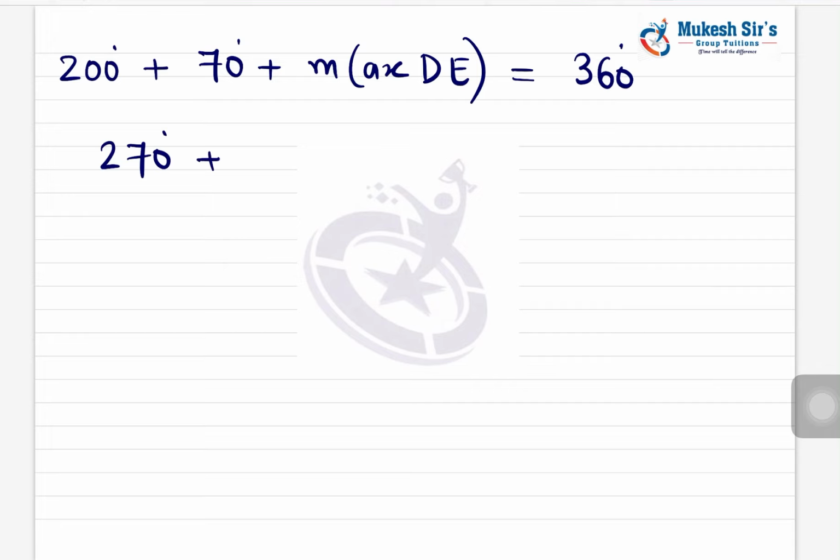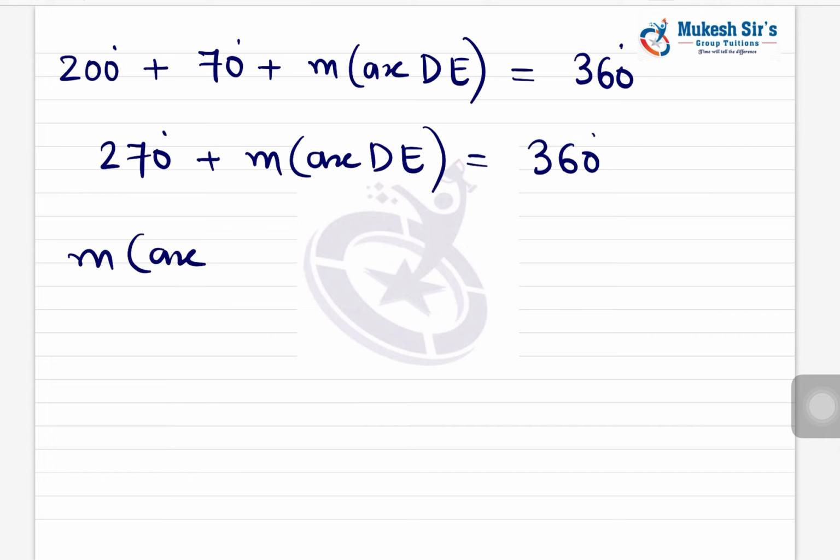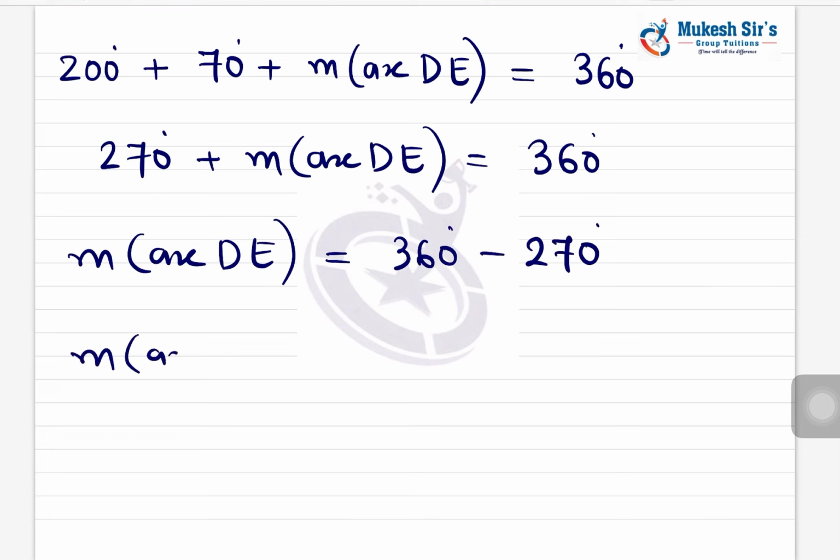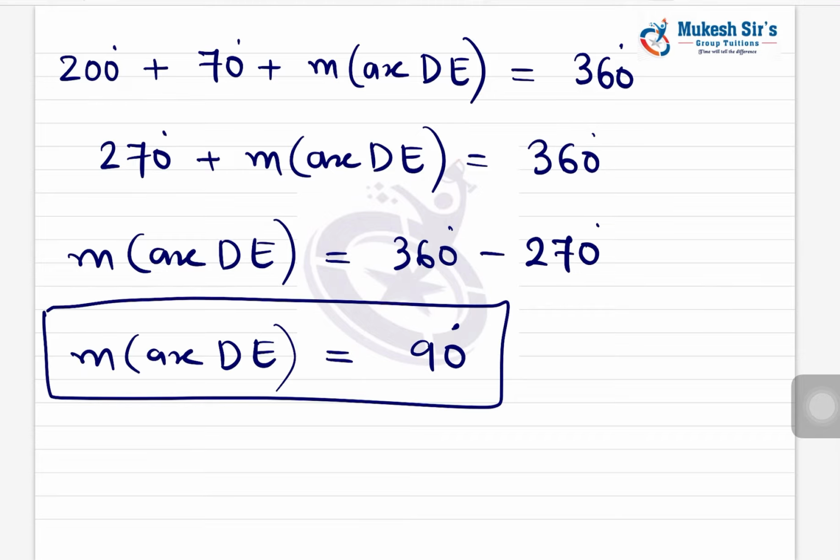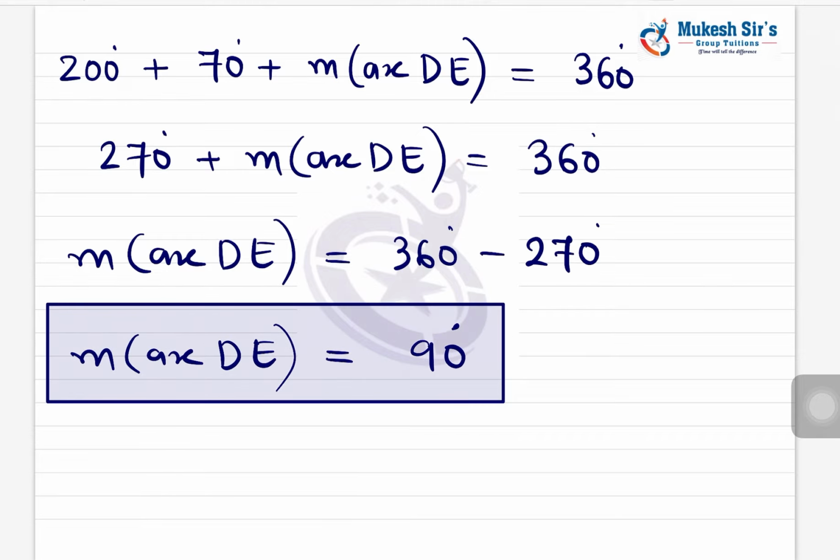So 270 plus measure arc DE is equal to 360 degrees. ये 270 प्लस है, वहाँ पे जाएगा तो माइनस हो जाएगा, सबट्रैक्ट करो. सो measure arc DE is equal to 360 minus 270. So measure of arc DE is equal to, how much is that? Calculate now fast, come on. 90 degrees, that's one of your answers. Measure arc DE is equal to 90 degrees.